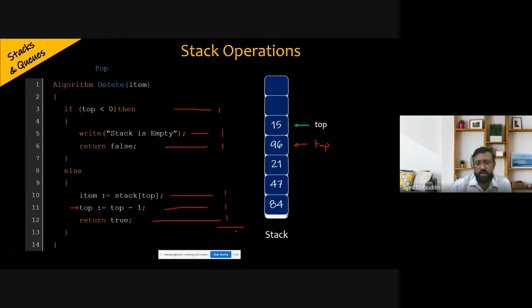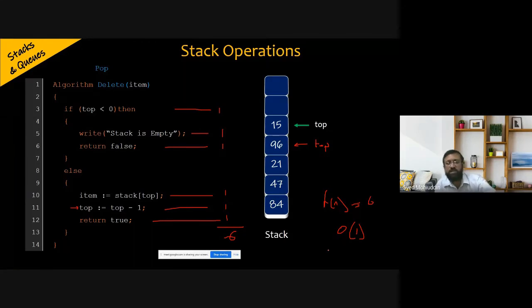So the total is again 6, for which we can say that f of n is O of 1, which is constant. Because 6 is not taken, the 1 is taken as a constant. So this is how the two operations of stacks work.